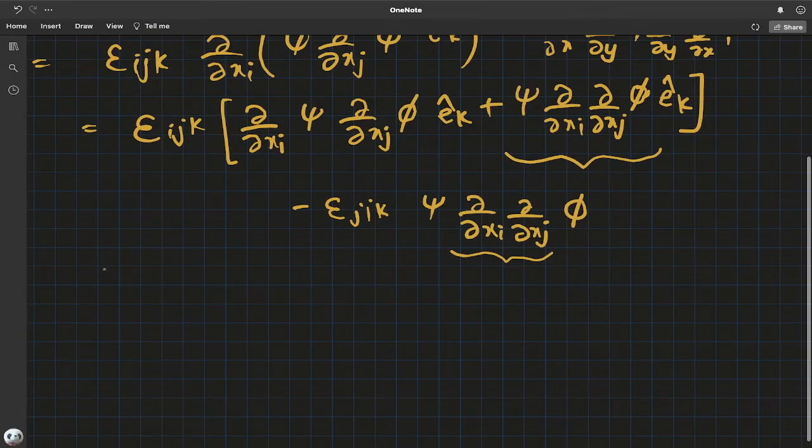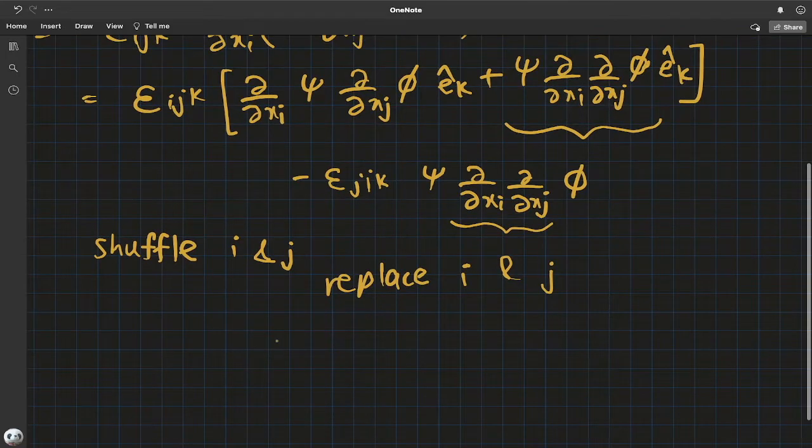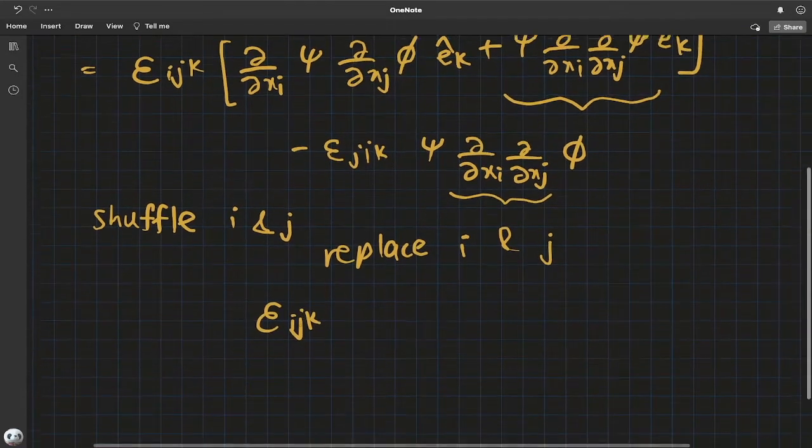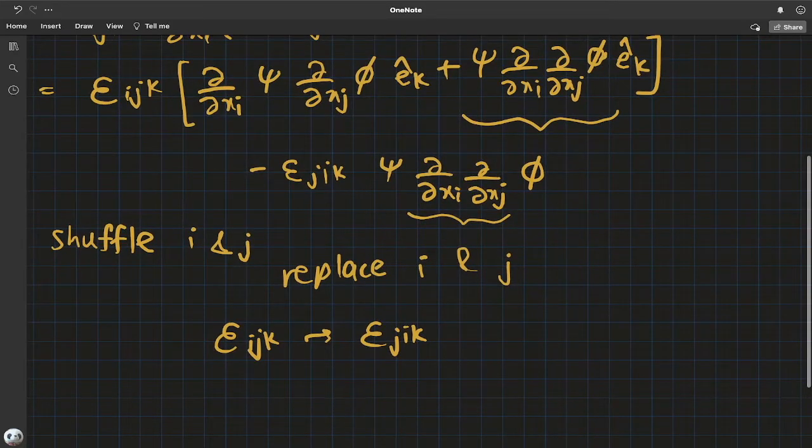All I'm trying to say is, if you shuffle i and j, or you replace i with j, you will get jik, and then the order of these guys switched.